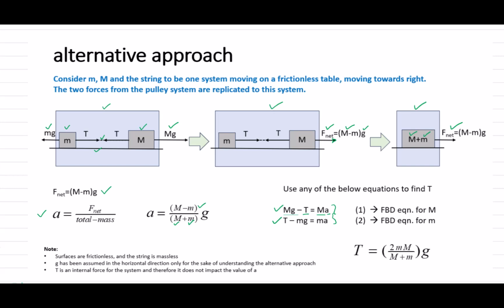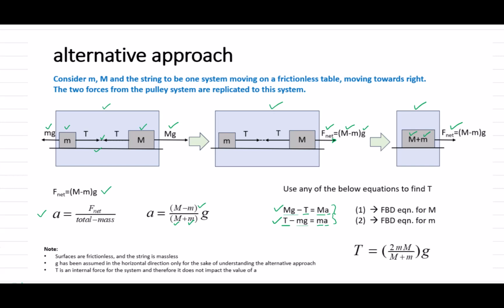And for the free body diagram of the smaller object, since it is moving towards the right, that will be the force of tension minus the force pulling it towards the left, mg, equal to the mass of the object times the acceleration with which it is moving towards the right.